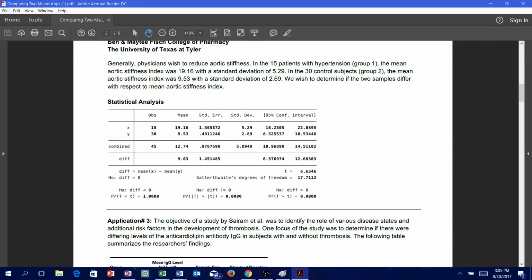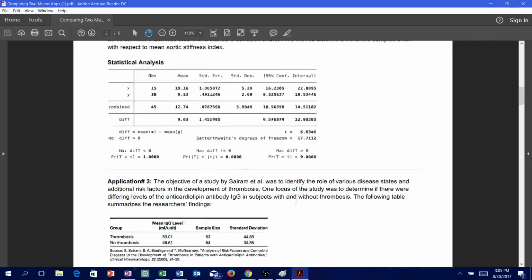So this would be independent as well. I haven't read it yet. But it's a difference between the two groups. Yeah, between the two groups.